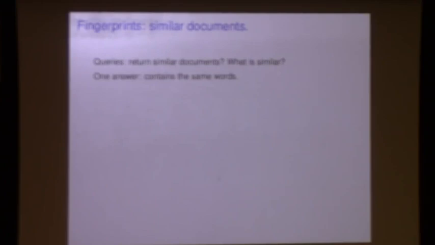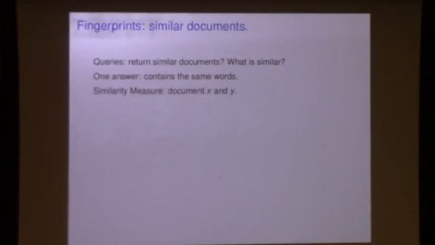That's sort of the idea for documents. So you have some universe of documents, and for now let's just think about which ones are similar, instead of the whole query and how you return them and how you build Google and all that stuff. But one part of it is what is similar. So two documents, or two web pages, whatever you want to call them, are similar if they contain the same words.